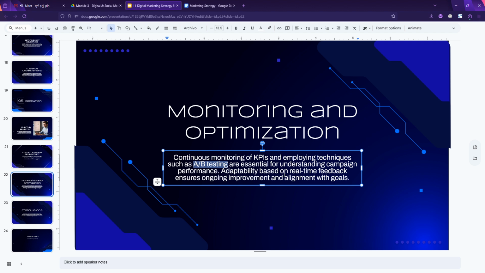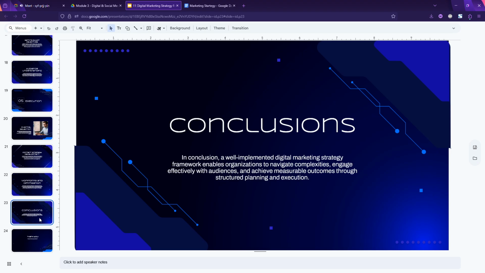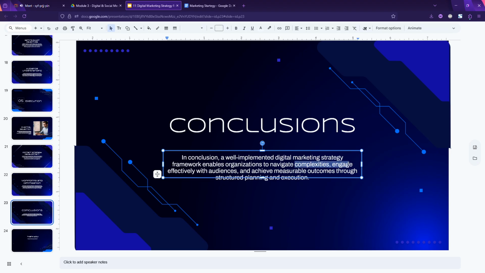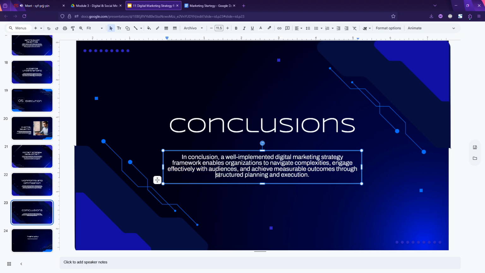Adaptability based on real-time feedback ensures ongoing improvement and alignment with goals. So, in conclusion, a well-implemented digital marketing strategy framework enables organizations to navigate complexity, engage effectively with the audience, and achieve measurable outcomes through structured planning and execution.